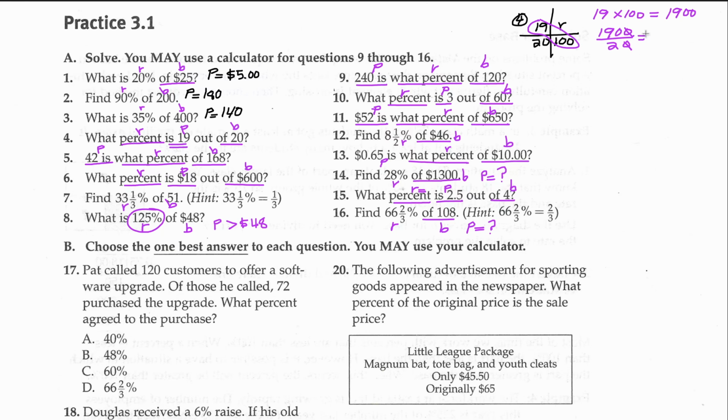So what is left is we have 2 that goes into 190. Okay, 2 goes into 19 is 9 times, which is 18. Subtract, I have 1 left. Bring down the 0. 2 goes into 10. That's 5 times. And 5 times 2 is 10. Subtract out, I have 95.